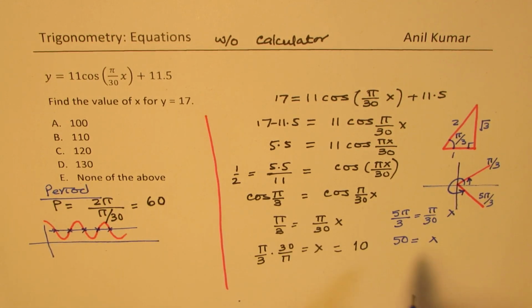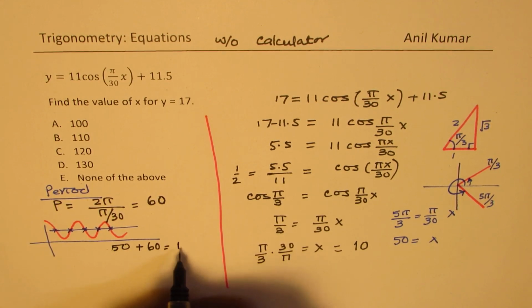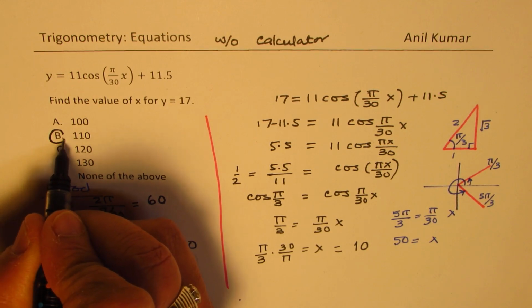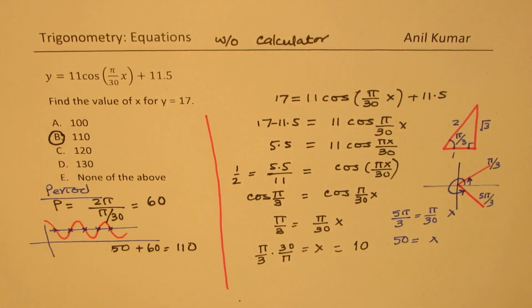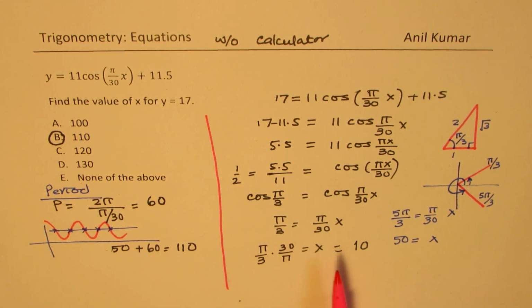If I add 60 to 50, we get 50 plus 60 is 110. So that means 110 is the right solution. Does that make sense to you? So there are many solutions since cosine is a periodic function. To find the other solutions which lie in the range given to you, you may have to add the period.